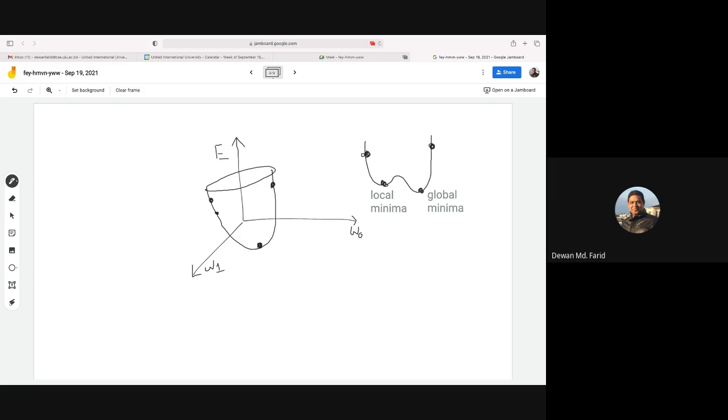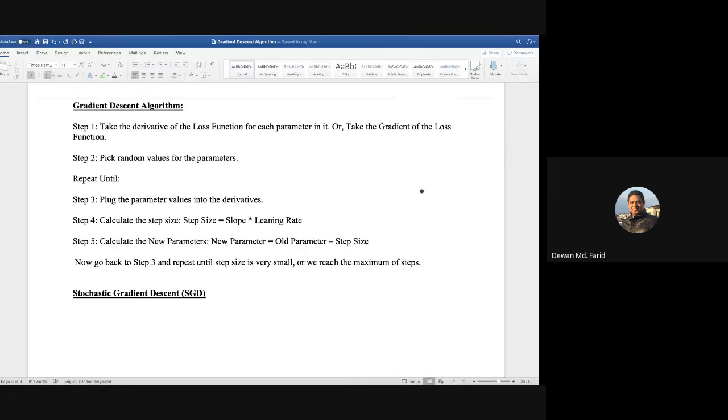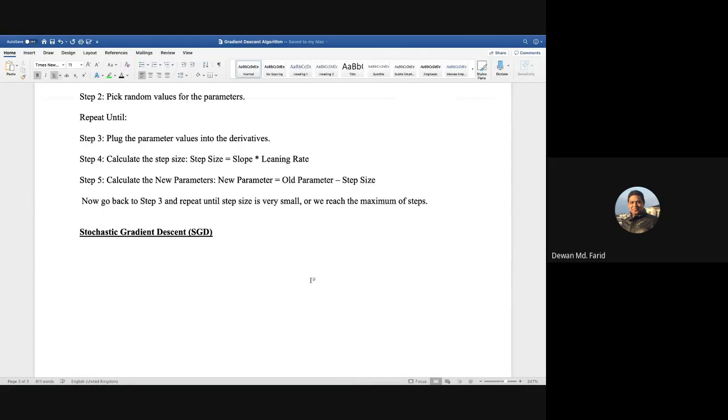Then we can talk about neural network overfitting.